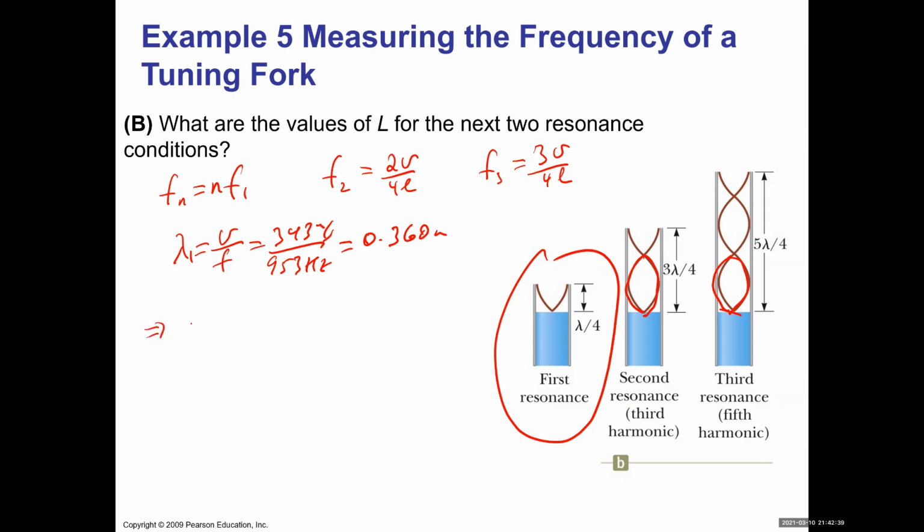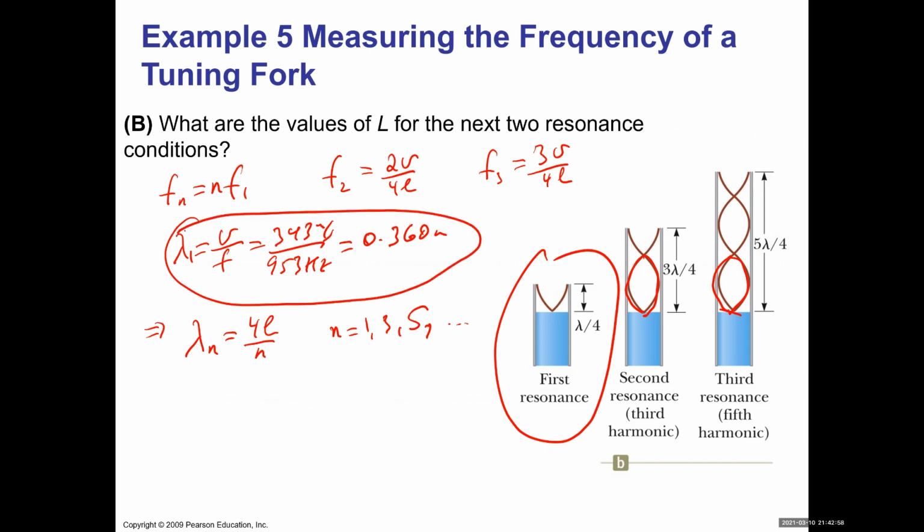Then we know from the equation that I showed you, wavelength lambda n equals 4L over n, where n equals 1, 3, 5, and so on. That means we already have lambda 1. The next would be lambda 3, n equals 3, and n equals 5.